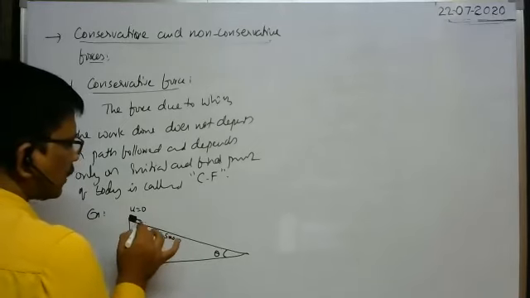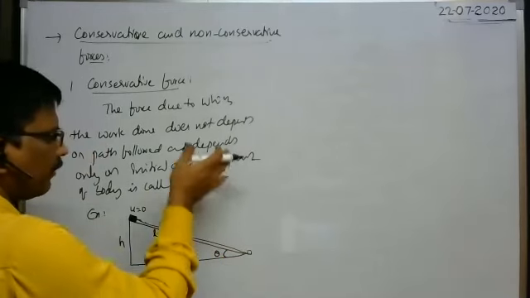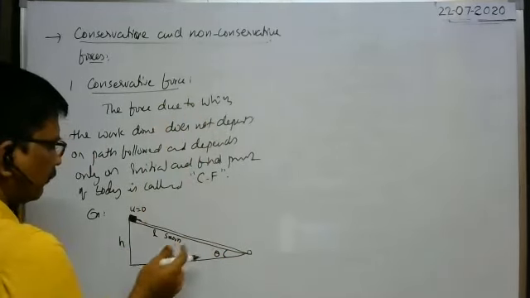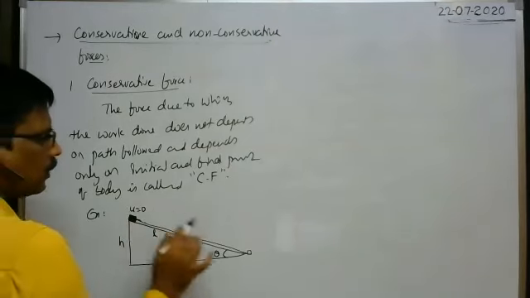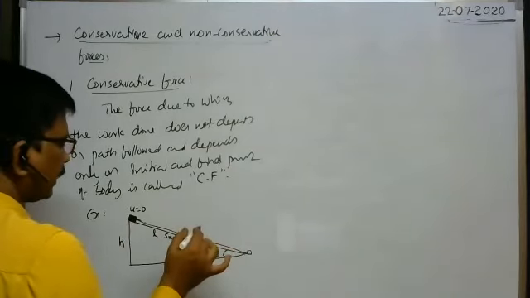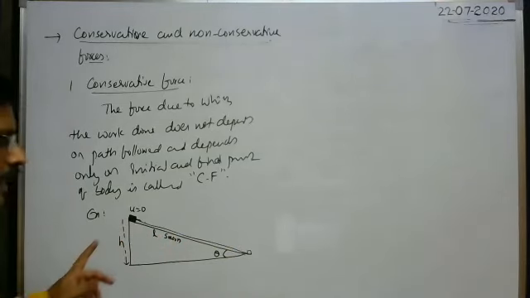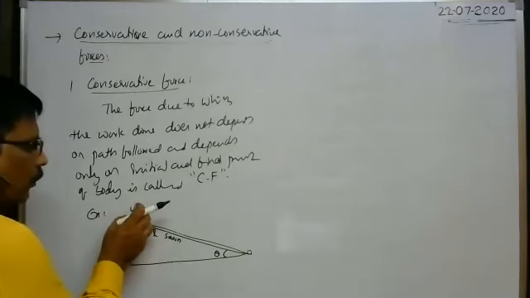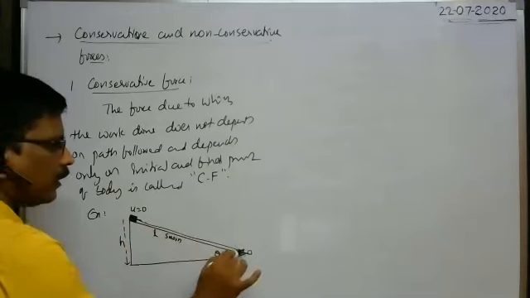The particle slides down and reaches the bottom of the inclined plane, so it travels a vertical height. Whenever the body travels from the top of the inclined plane to the bottom, along the vertical direction through what distance does it travel? Equal to h only, the height of the inclined plane. What is the reason the block comes down along the inclined plane?